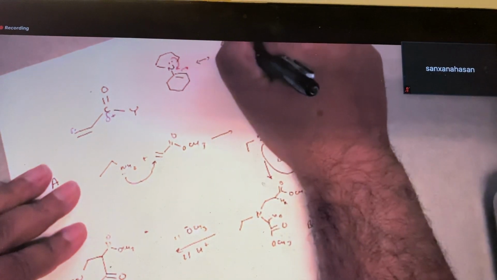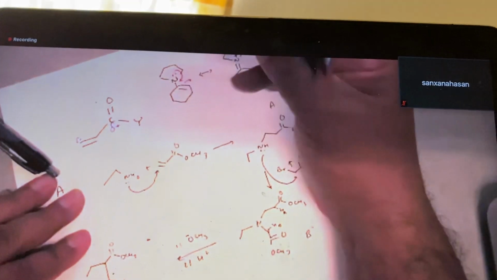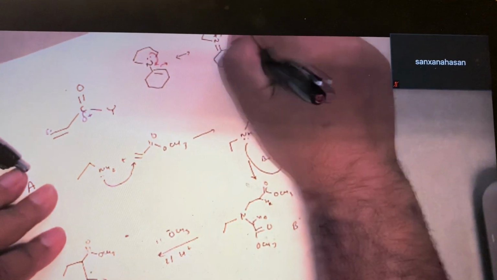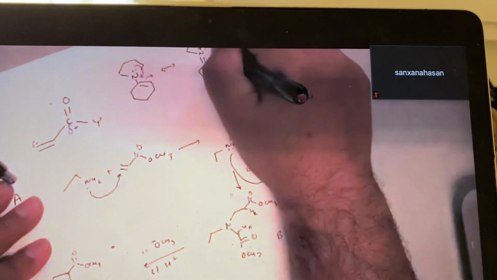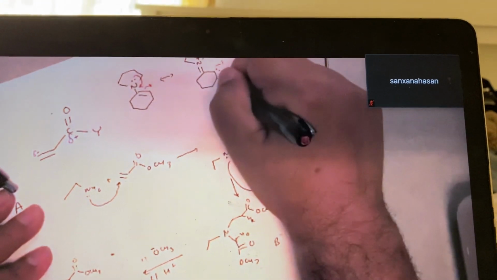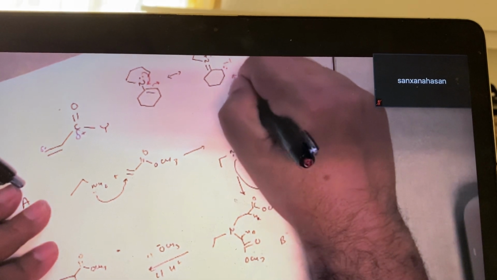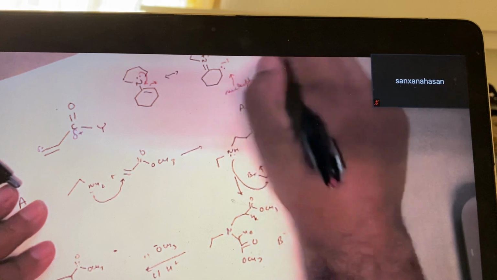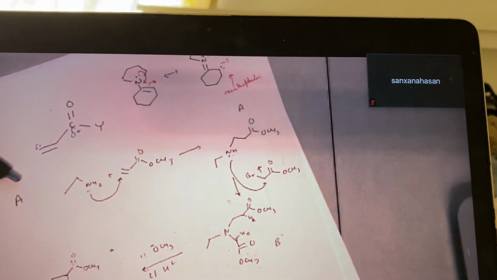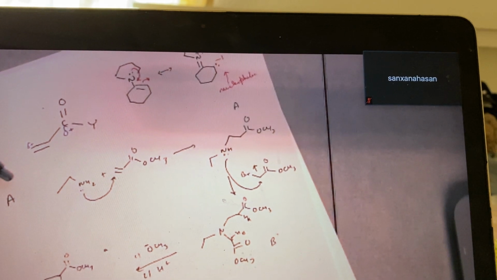Okay, so the result of this is I have a positive here, and I'm just going to point out that I have this electron pair there that has a negative charge. Because of this resonance structure, that carbon is nucleophilic. So the idea here is that we're going to see if enamines can function as a carbon nucleophile.